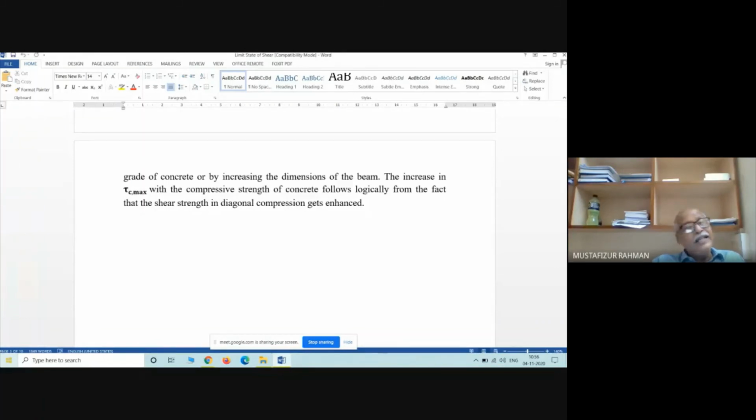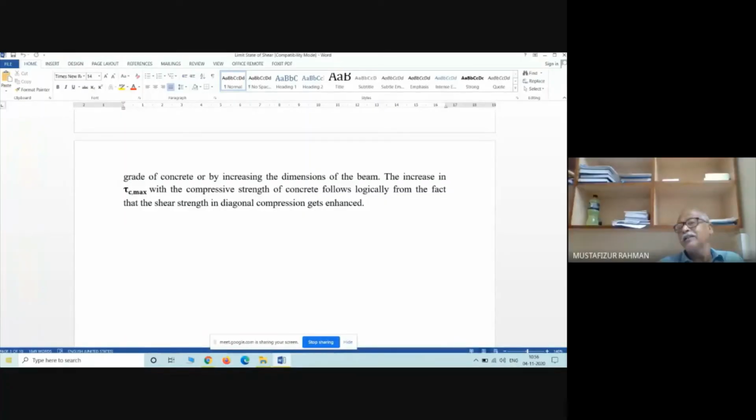Okay, then which is still not resisted. So VUR, the unbalanced shear, is equal to VU minus VC. Okay. So for this VUR we will require some reinforcement or stirrups. So that is how we will be able to find out. This expression is also given in your IS 456.